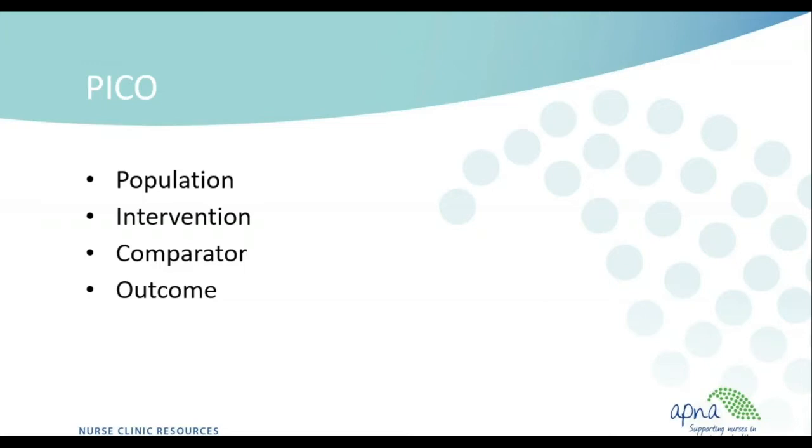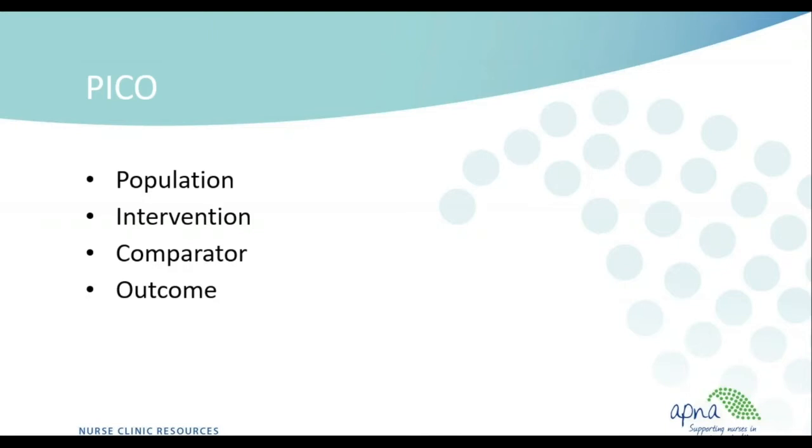It could be just your part of the clinic versus the rest of the clinic that might not have changed. Or it could be your clinic versus average population health data in the region. And then finally there's outcomes. And you can look at the differences between what you've done and what was happening before or elsewhere.